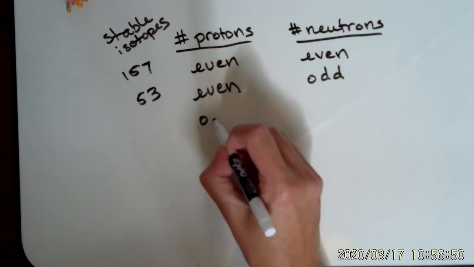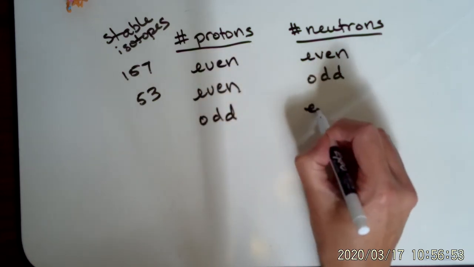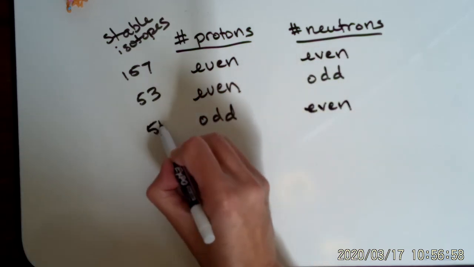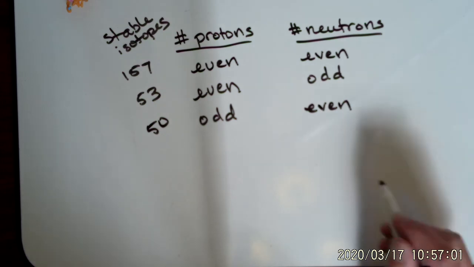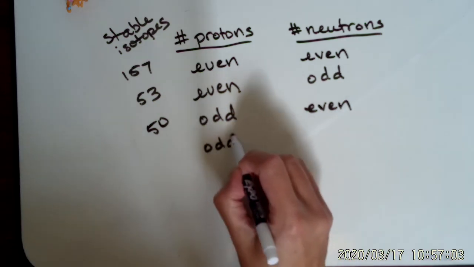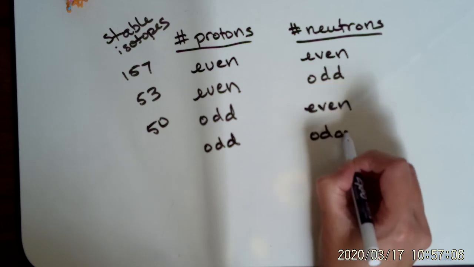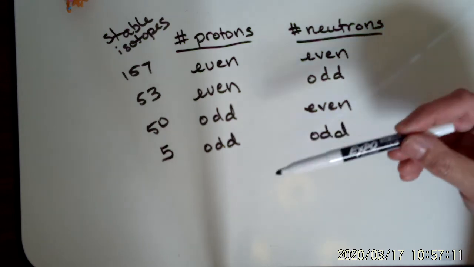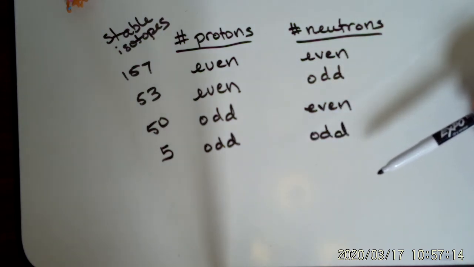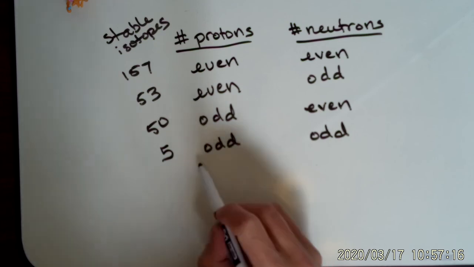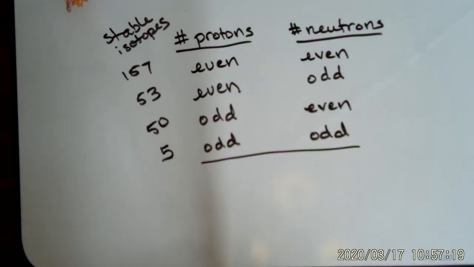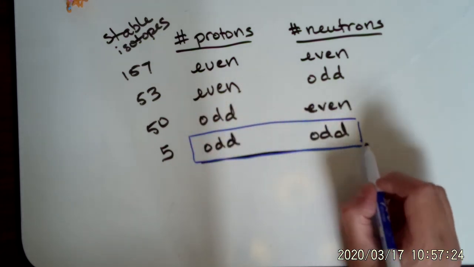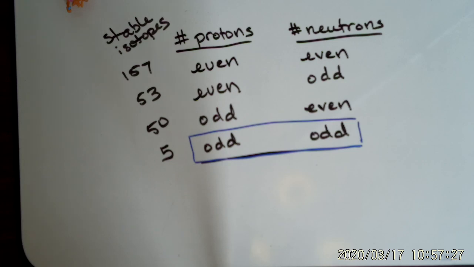If I have an odd number of protons but an even number of neutrons, I still get 50 stable isotopes. It's only when you get to the odd number of protons and odd number of neutrons that, of all of the isotopes that have an odd and an odd number, only 5 are stable. So the likelihood then of having a stable isotope with an odd number of protons and an odd number of neutrons is extremely low.